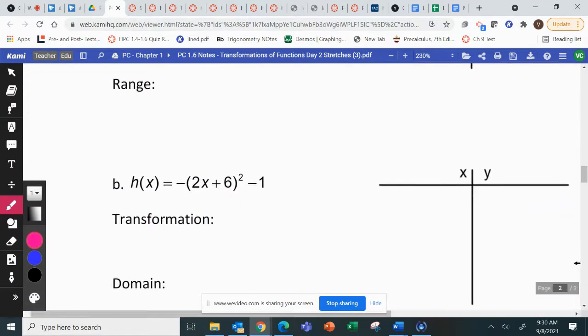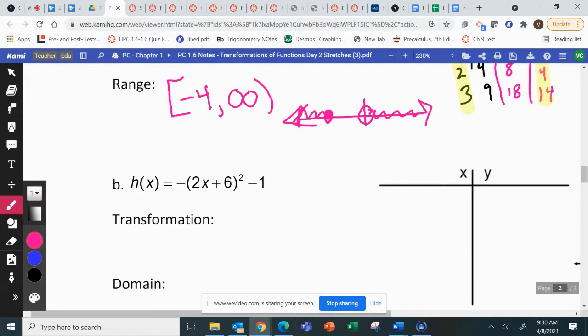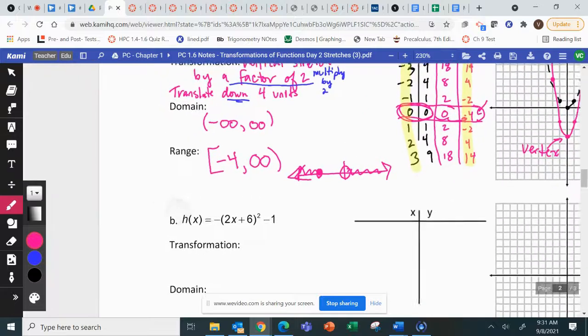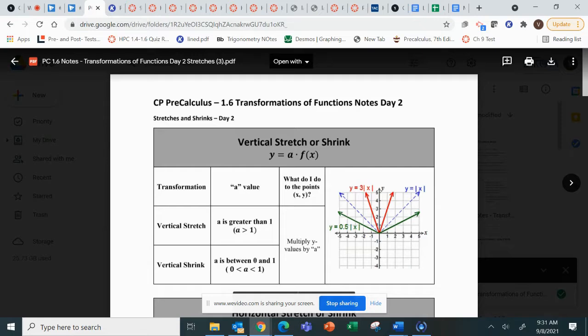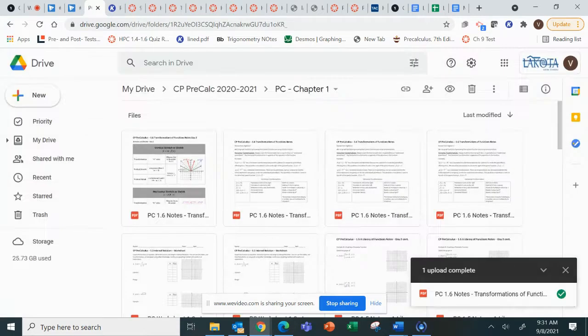Question B has something special about it. Yesterday I put up a transformation formula, and I'm going to open that back up just so I can refer to it.